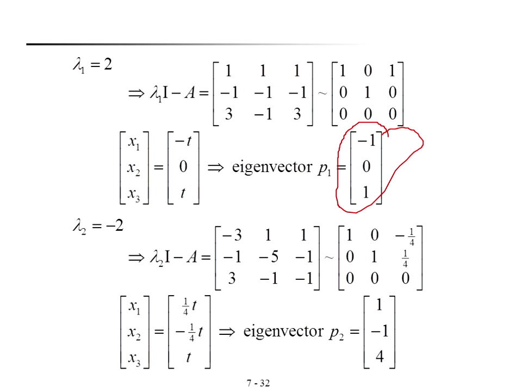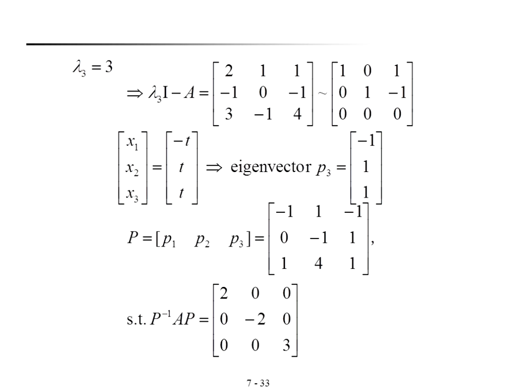And the eigenvector corresponding to lambda is equal to minus 2 is P2. Similarly, the eigenvector corresponding to lambda 3 we get P3. Now combine P1, P2 and P3.